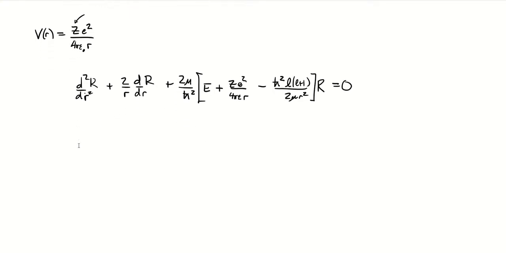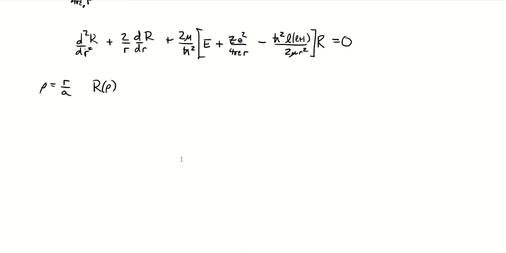We can define some dimensionless parameter, we'll call it rho, which is just a scaled distance, a dimensionless quantity that's proportional to the radial distance. Then our radial function we're going to try and solve for is a function of that.